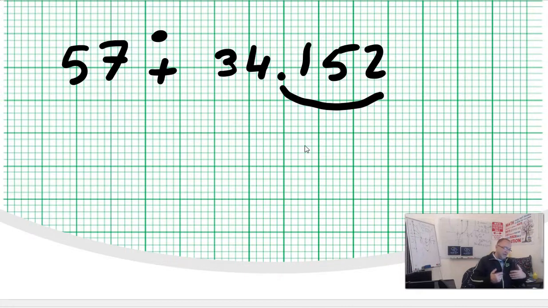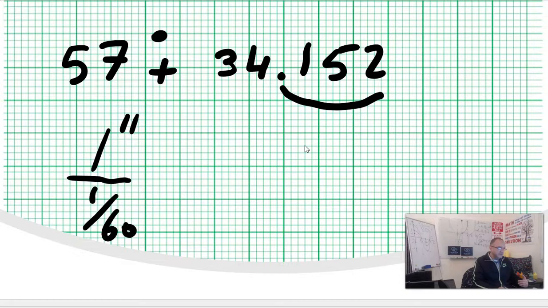This decimal now, we need to transform back to seconds. So again, I use A over B equals C over D. I stack them up this way. And like we said, now we're going to use 1 second, which is 1/60th of a minute, right? 1 second is 1/60th of a minute.